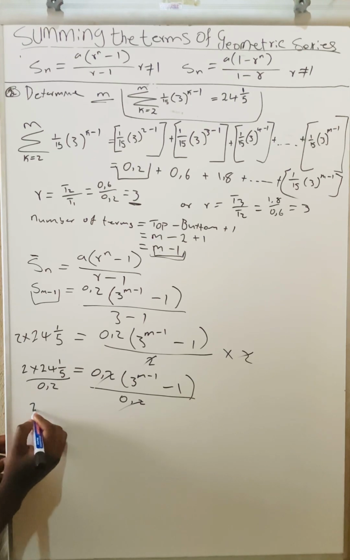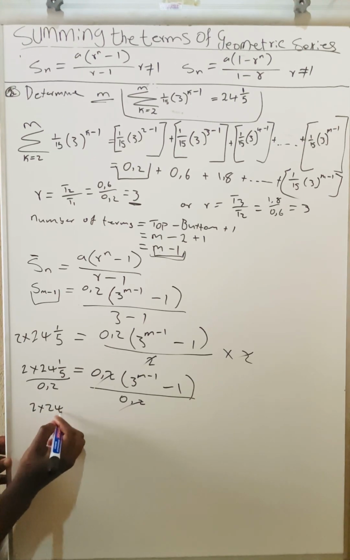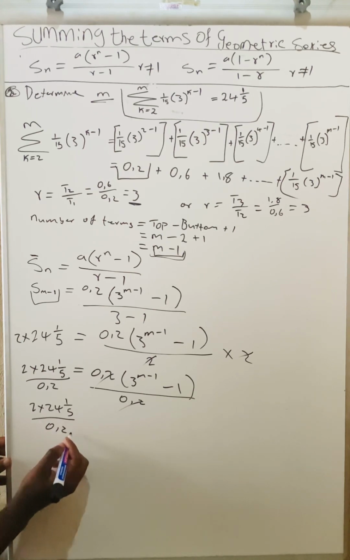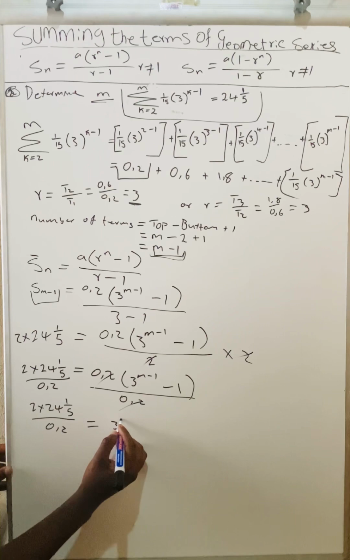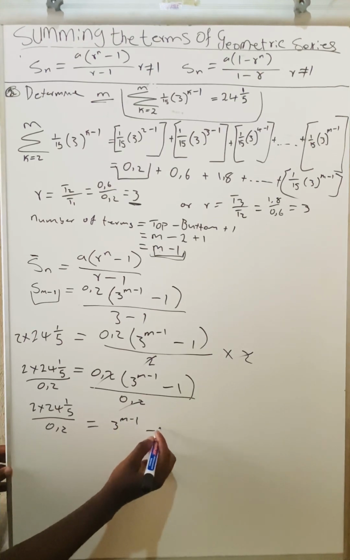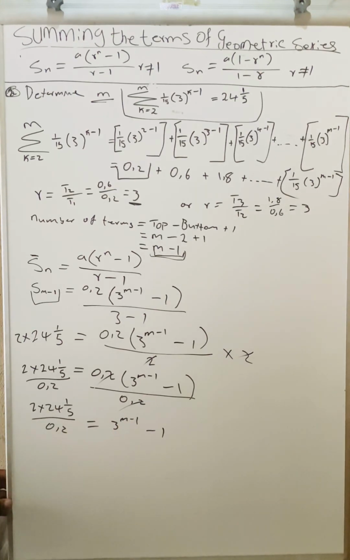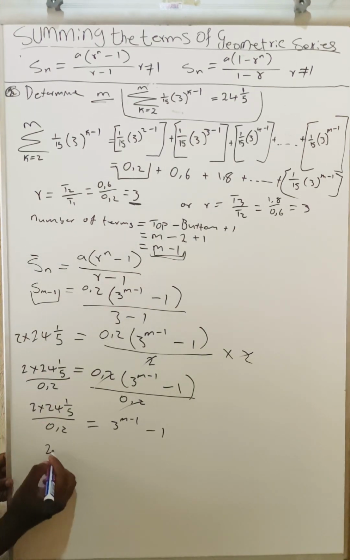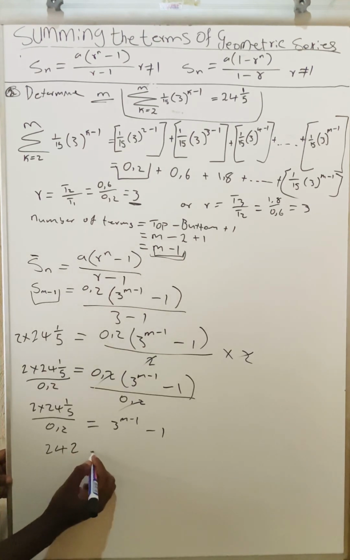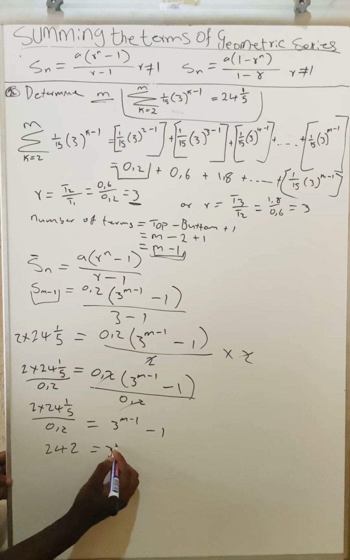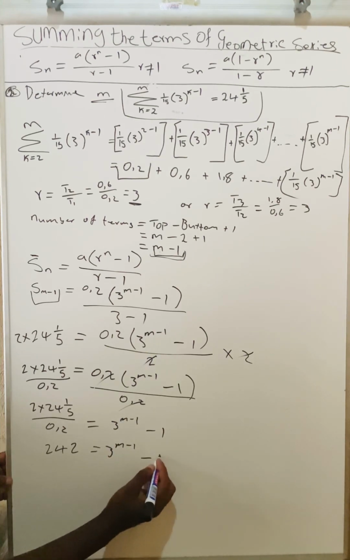Then you're left with 2 times 24.1 over 5, divided by 0.2, which is equal to 3 to the power m minus 1. Then when you punch the calculator, you will get 242. Then it is equal to 3 to the power m minus 1.